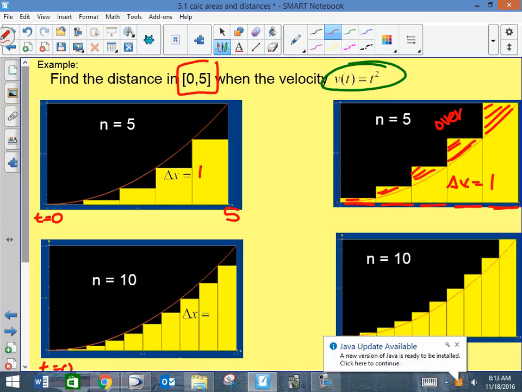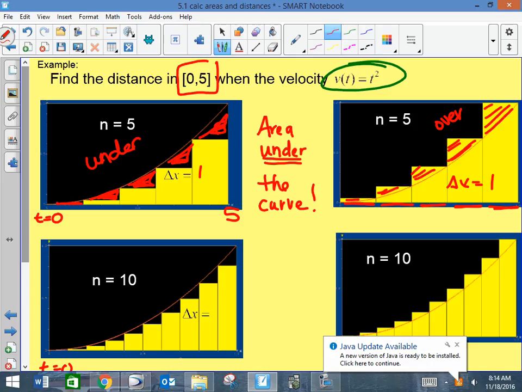And remember, just to be clear, we are talking about the area under the curve, between the x-axis and the curve. This is an underestimate, right? Because we haven't counted this, we haven't counted this, we haven't counted this, et cetera, et cetera.